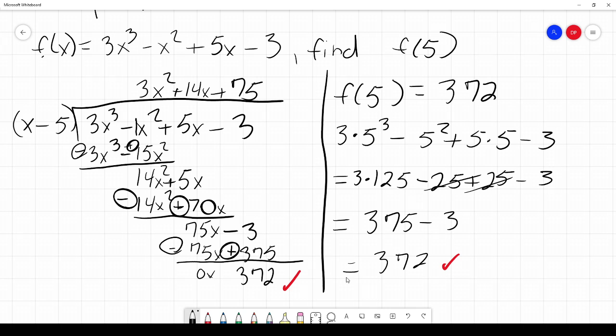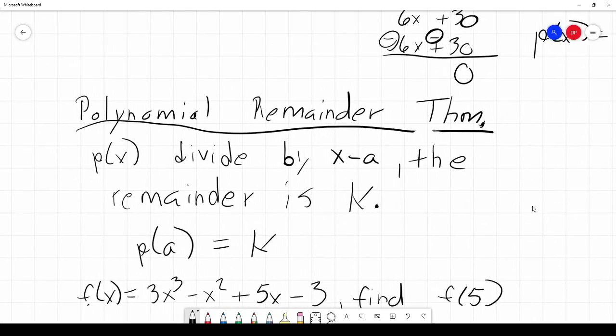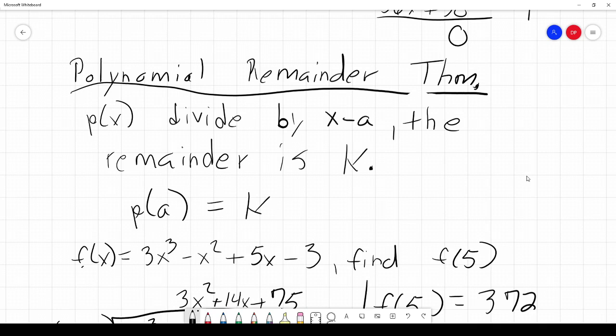Just to connect it to what we just talked about, finding factors: remember that if x minus a happens to be a factor, which if you're trying to graph a polynomial, you're probably trying to find the factors or the zeros, really.